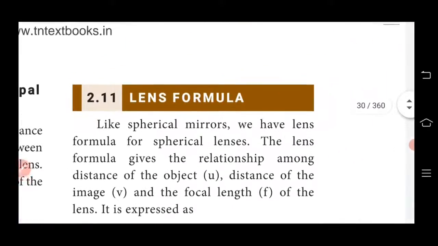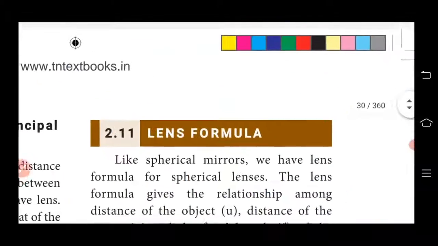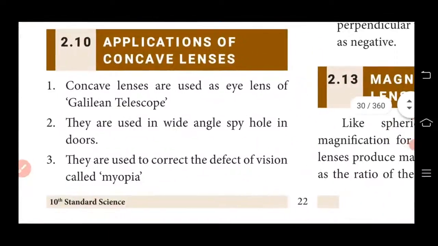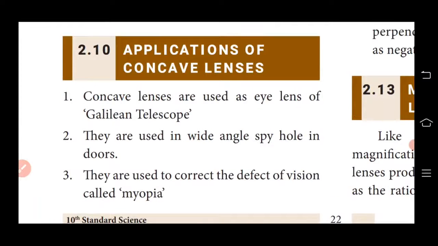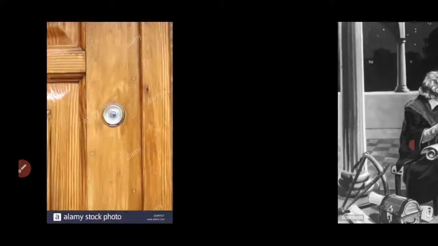And then our next topic is uses of concave lens. This is an important 2 mark question. A concave lens is used as the eye lens of a Galilean telescope. And then they are used as a wide angle spy hole in the door.